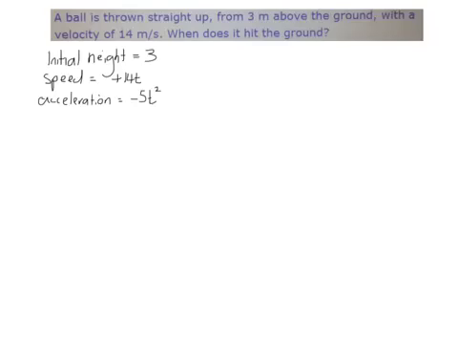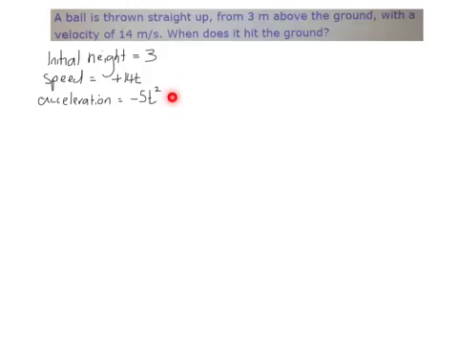Okay, so let's have a look at what we know. We know the initial height of the ball was 3 meters. We know the initial speed of the ball was going up in the air at 14 meters per second. And we know the acceleration of the ball, if you know a little bit about gravity, is approximately minus 5 times t squared.